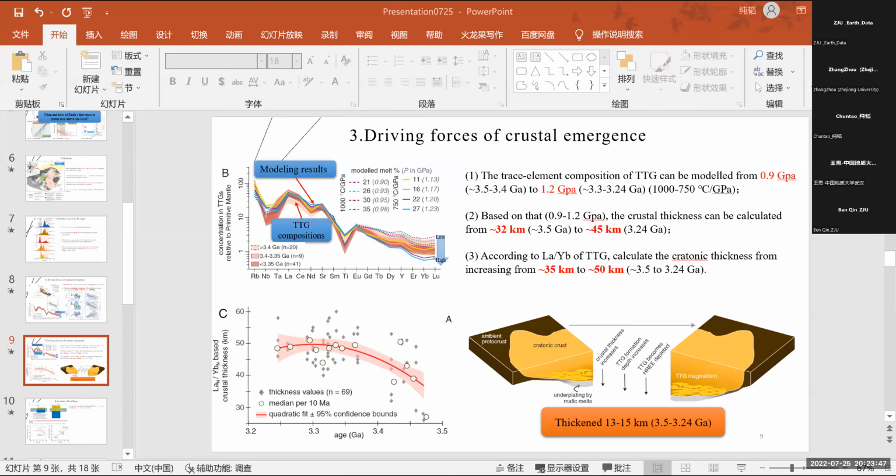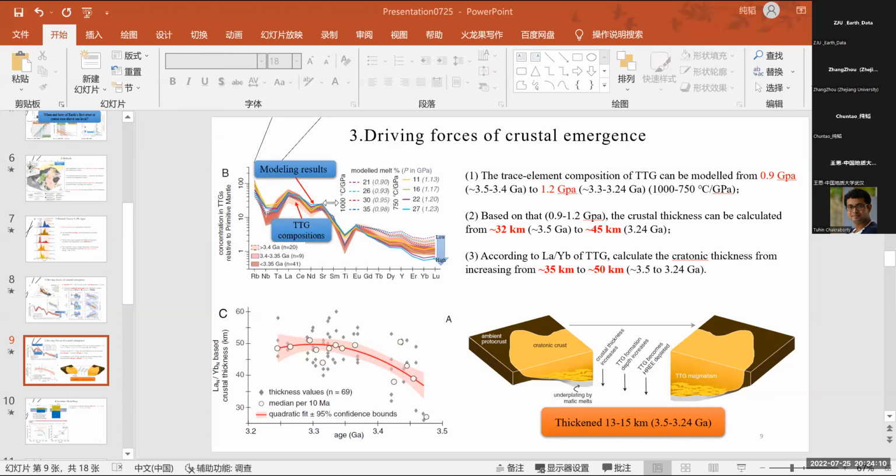Have you worked on this craton before? In this region, you mean? Yeah, I bet you have worked on the Indian craton. Yes, but my work was not exactly related to the TTG or this area.